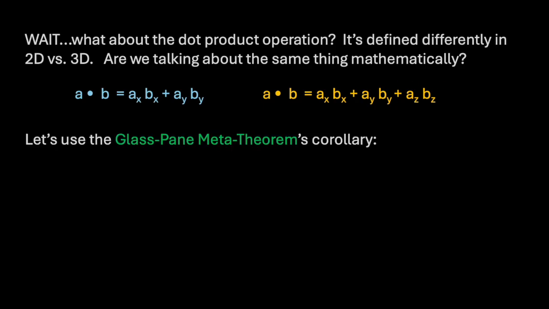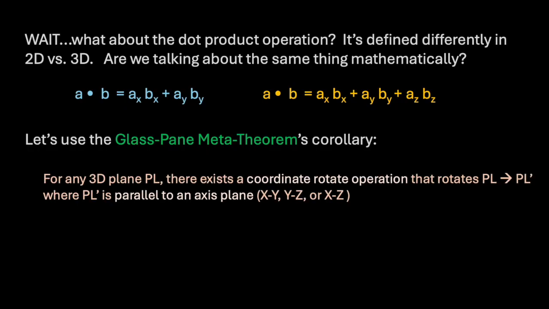Well, we can show that these are essentially the same thing by using the glass-pane meta-theorem's corollary, and that just states that for any 3D plane PL, there exists a coordinate rotation operation that will rotate plane PL to PL prime, where PL prime is essentially folded back onto one of the axis planes.